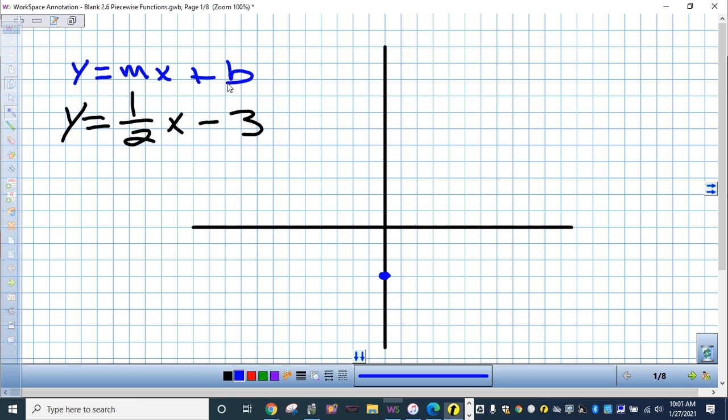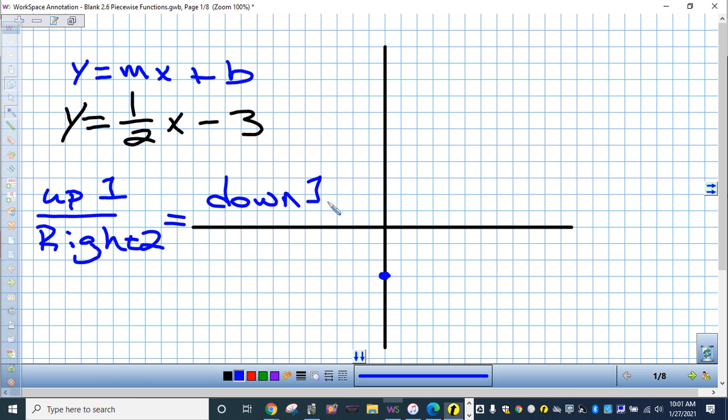So 1 over 2 means either up 1, right 2, or it can mean down 1. Instead of going up, we go down. Instead of right, we go left.